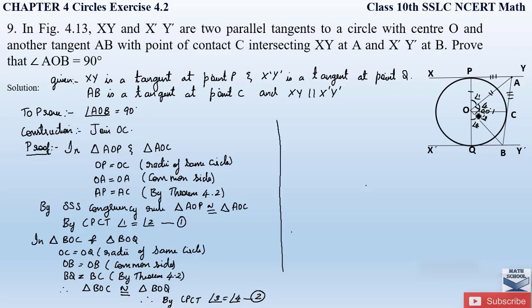Now since we have proved in this figure that angle 1 is equal to angle 2 and angle 3 is equal to angle 4, we can apply the linear pair of angles property to this line PQ.